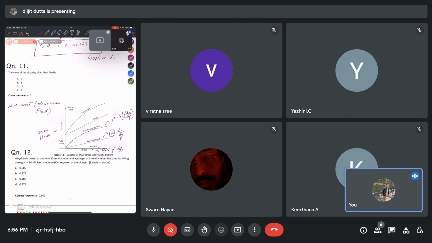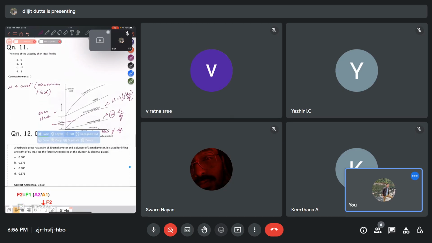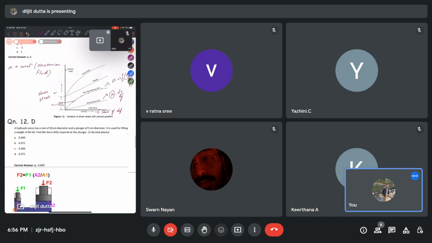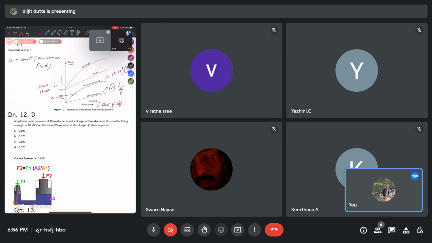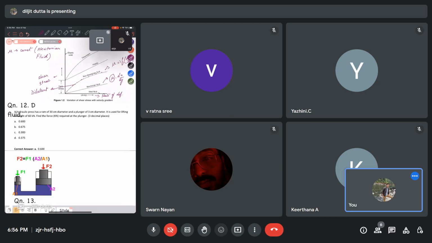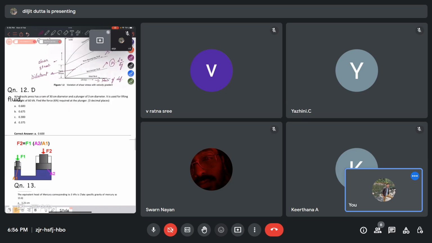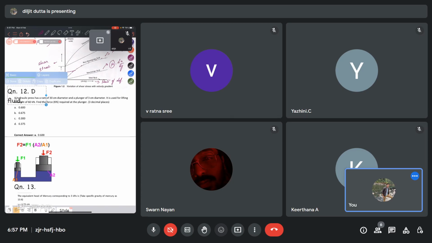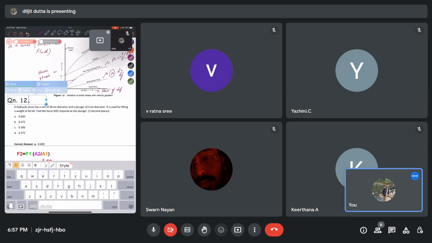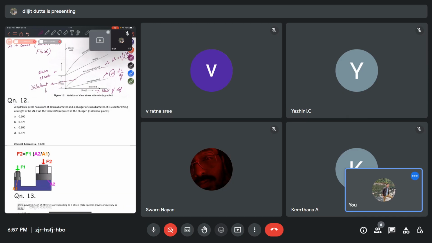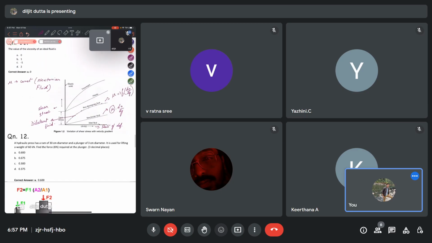This type of fluid is called a non-Newtonian fluid, and also called a dilatant fluid. Then there is the pseudoplastic fluid.